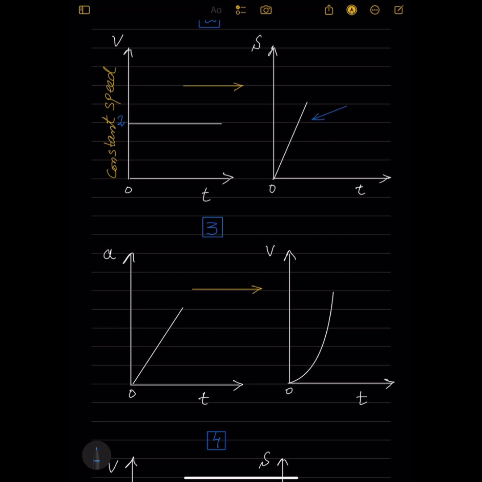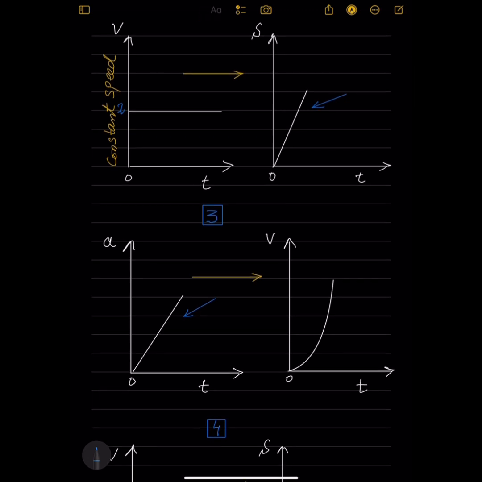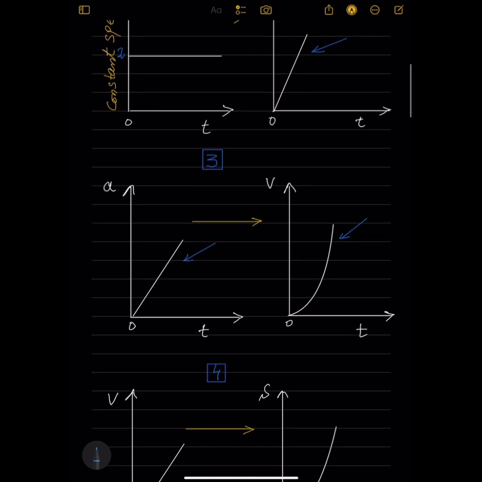Then the acceleration is uniform, and the related graph of velocity time will be a curve, a quadratic curve. If the acceleration time graph is a straight inclined line, the related velocity time graph will be a curve. In this graph it is a quadratic.